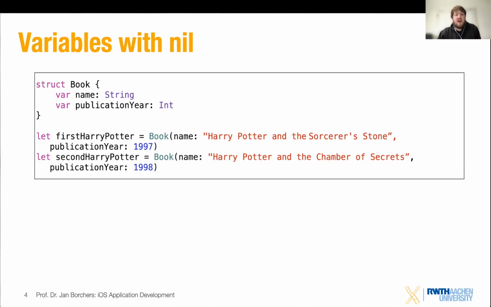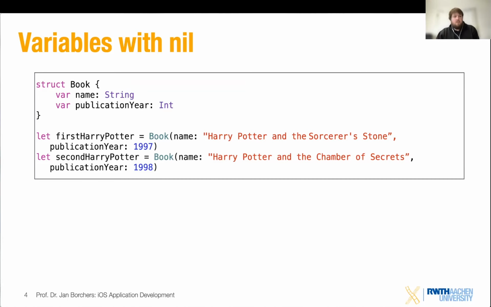We can add that 1997 there, and similar for other books where you already know when they were published and you have the name. But the problem then is, what if you want to add a book that you know the name for, but it hasn't been published yet?